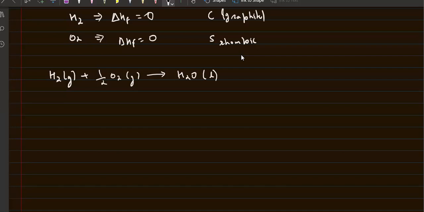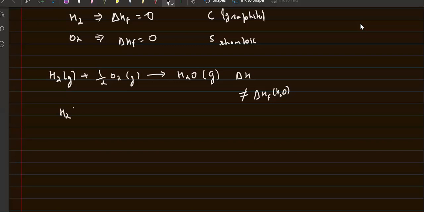Now, suppose I have given H2O gas. Technically, this delta H is not equal to delta H formation of H2O, because I told you the most stable, normal state. For H2O, the normal stable state is liquid. So this reaction will be the sum of two reactions.